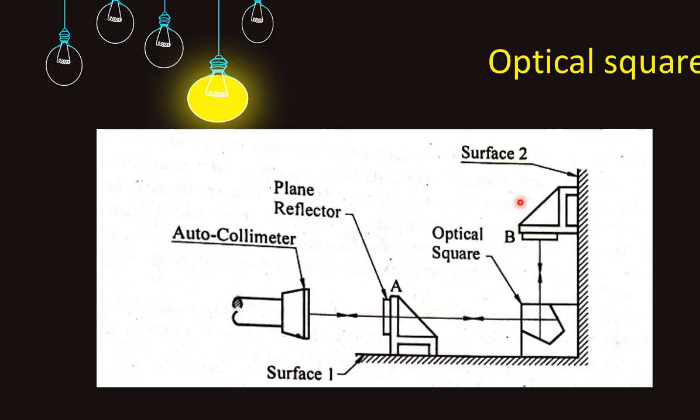Another reading is taken at position B. Here, position B. The difference between the two readings would be the squareness error, not taking note of its direction. So this is how we can measure the squareness using the optical square.